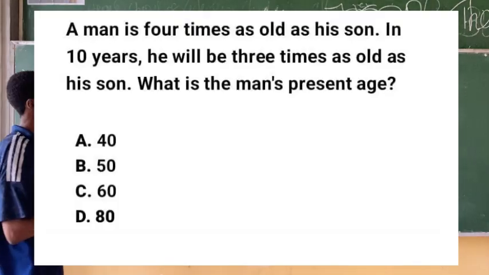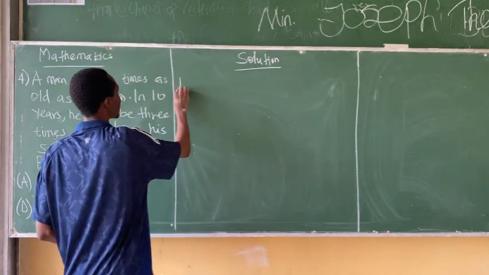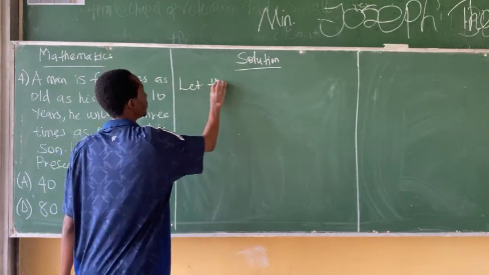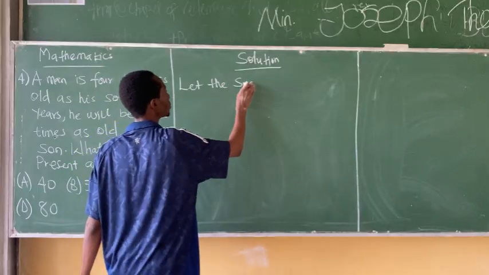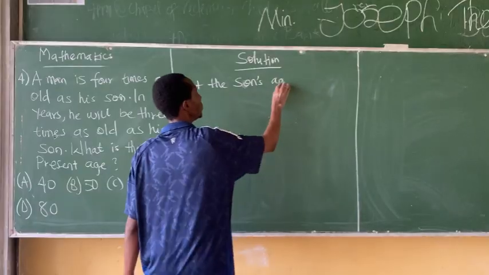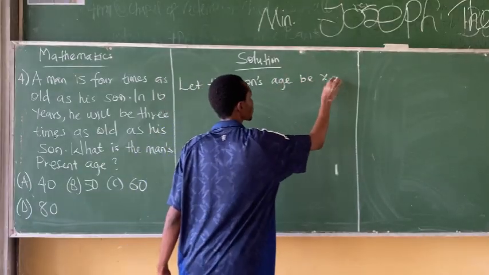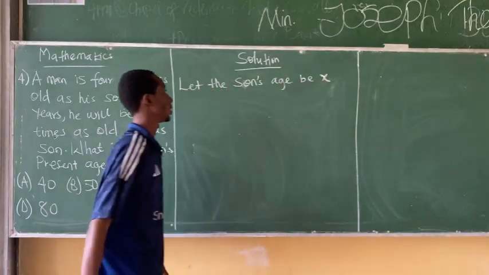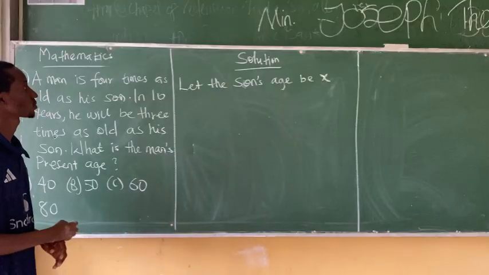The first thing you need to do is say, let the son's age be x.